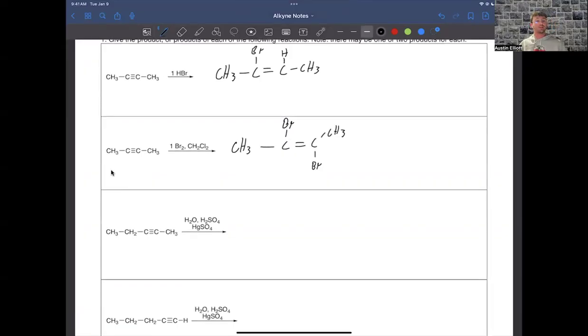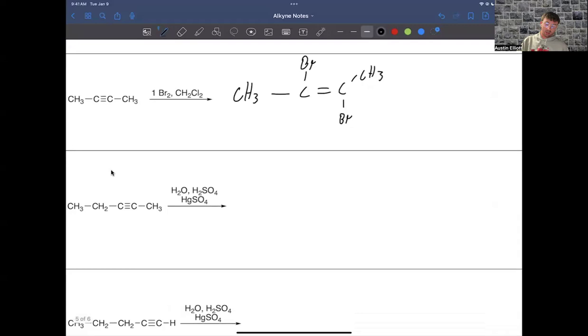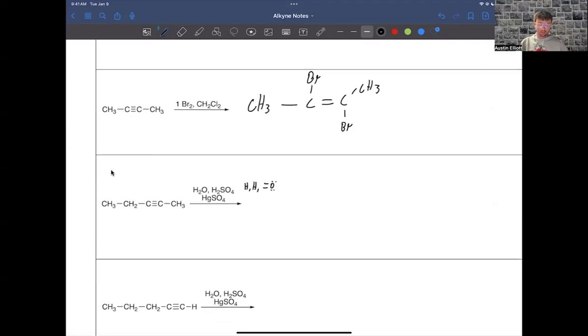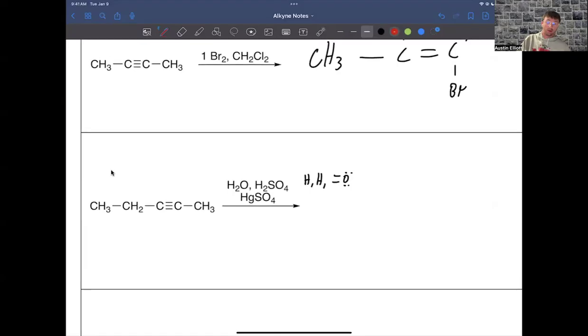Now moving on to the next one. This is what I was talking about when I was mentioning internal versus terminal alkynes. With these reagents, it generates an H, an H, and a double bonded O. So when looking at it, we have two places we can add that are both 2 prime, 2 prime. So we can add to both of those positions, equally favorable substitution pattern wise.